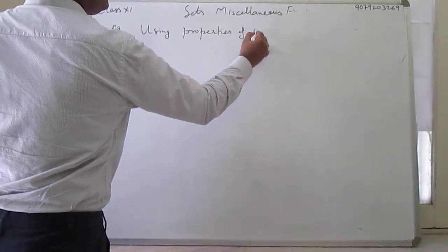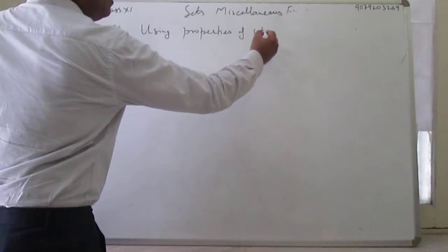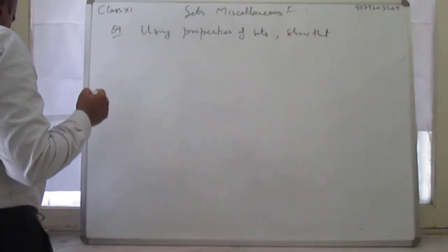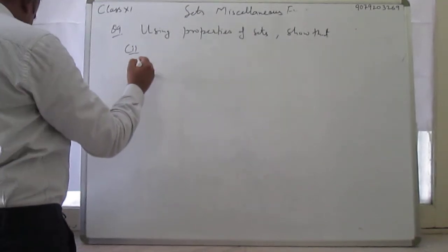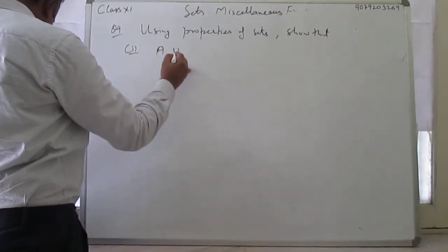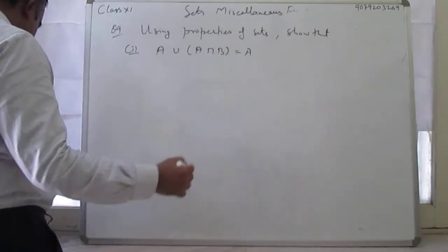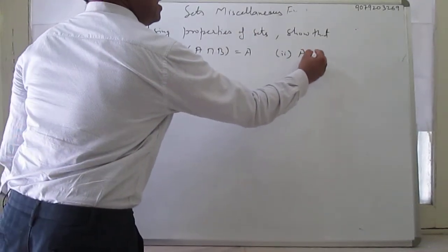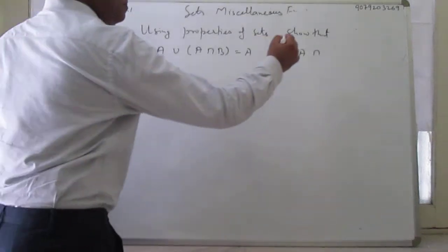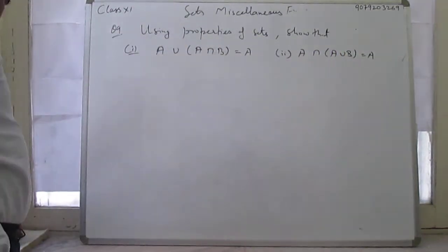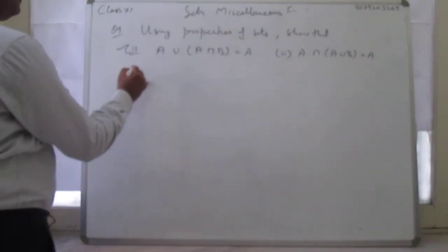Using properties of sets, show that, again you have to prove by property. First part, A union (A intersection B) is equal to A. Second part, A intersection (A union B) is equal to A. I will take the first part.